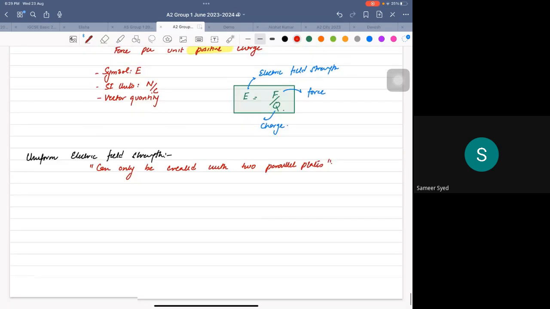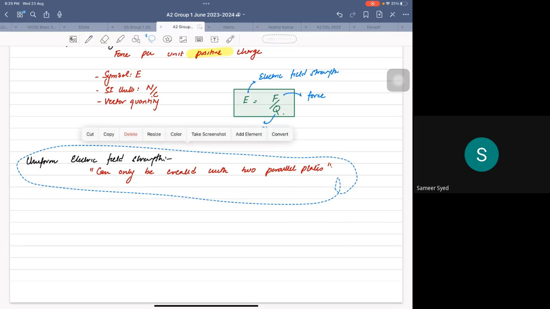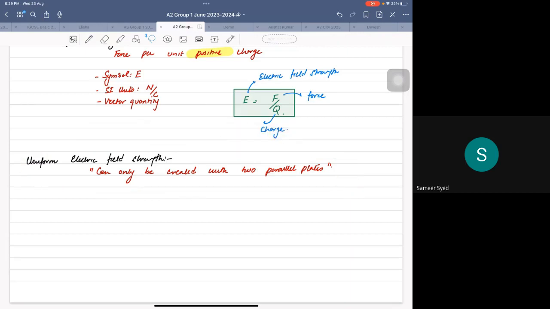Okay, so you have a plate like this, and then you have another plate like this. One is connected to, let's suppose, the positive terminal. The other is connected to the negative terminal.